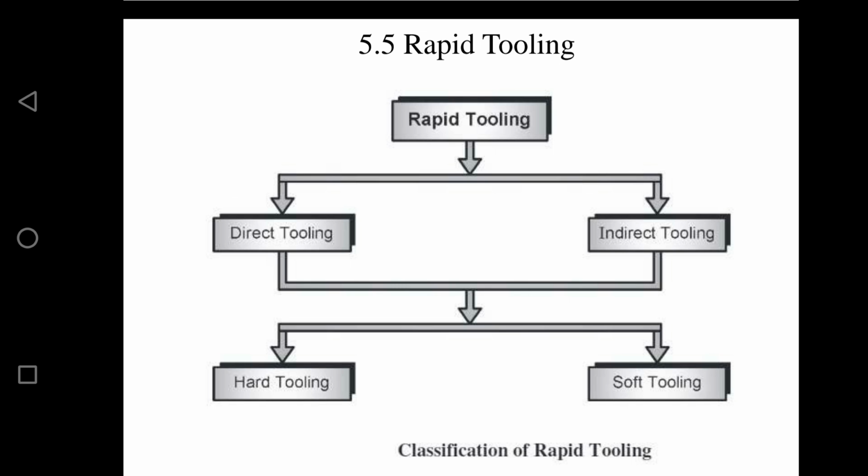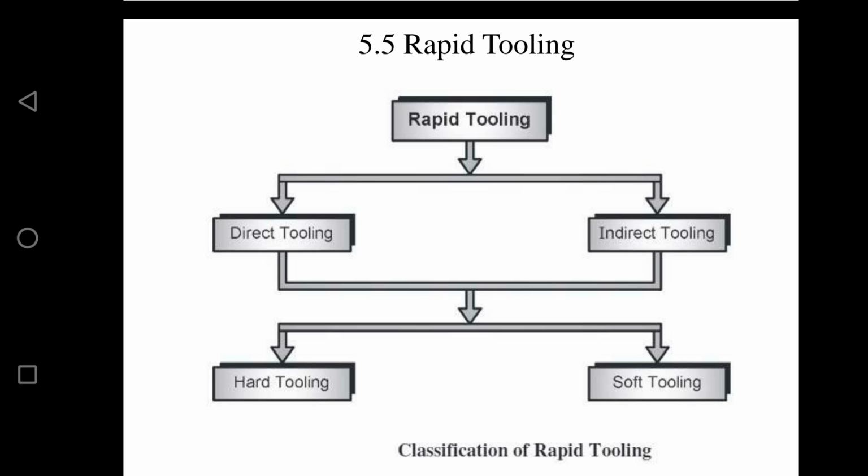So what is indirect tooling? It is a process of manufacturing master patterns for making tools or molds from CAD data using the rapid prototyping process. If I am directly taking the CAD data and using rapid prototyping to make the tool, that is direct tooling.